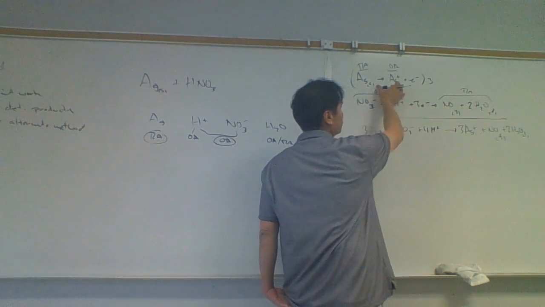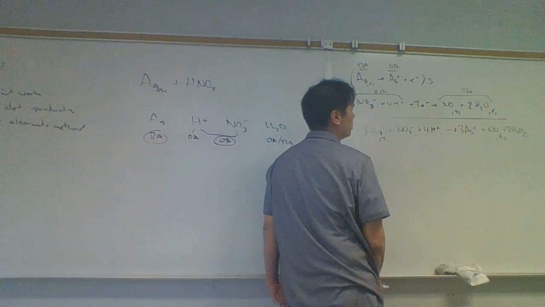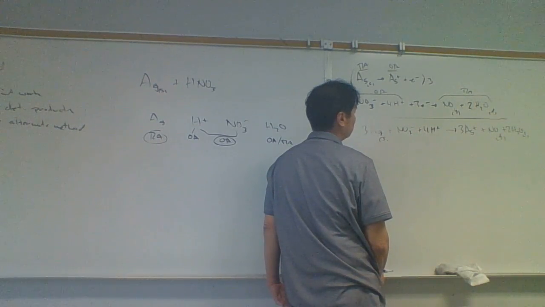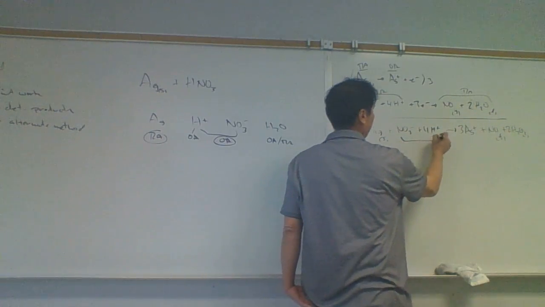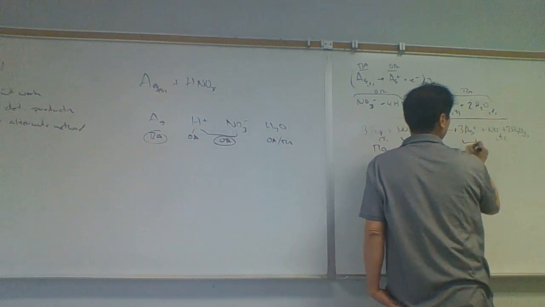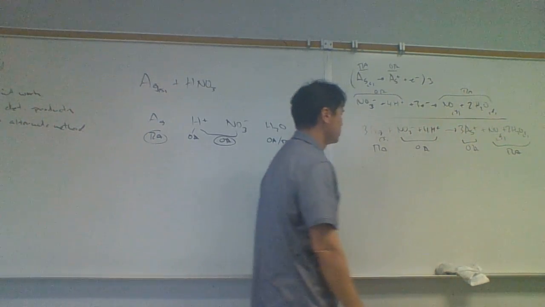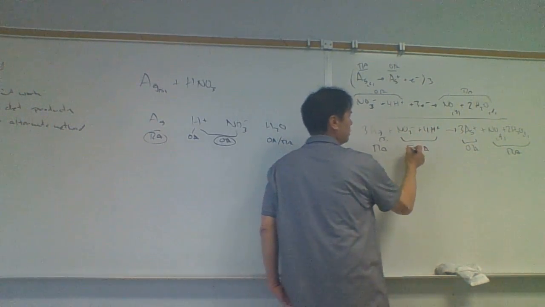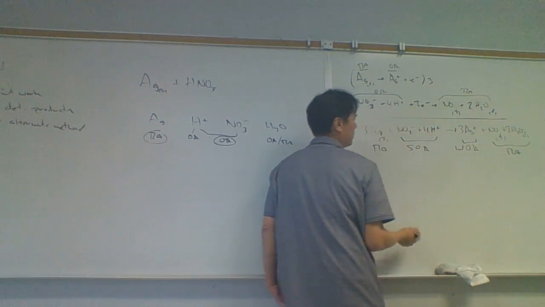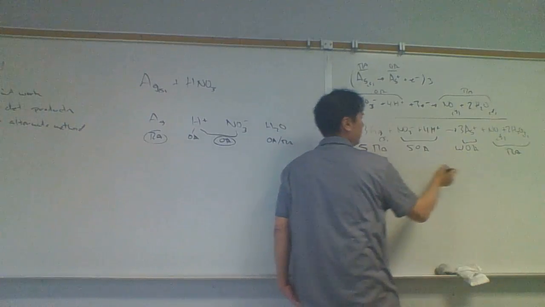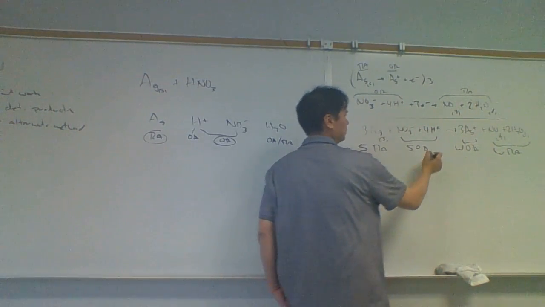This is why I wrote this one backwards from what the chart shows. Depends on which chart we look at. So RA, OA, OA, RA. And then we consult the chart and see which one's stronger. It turns out that nitrate with H+ is a stronger oxidizer than silver. Not much. This is stronger. So we have driving force.